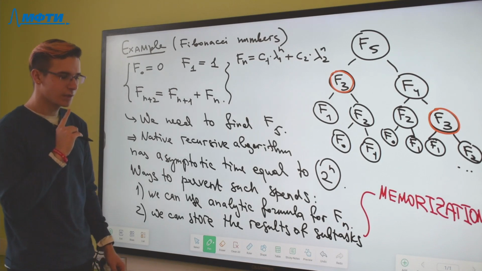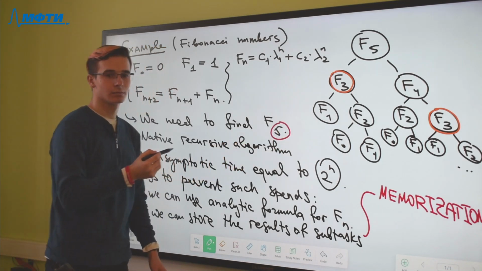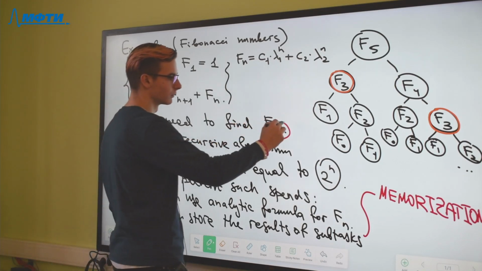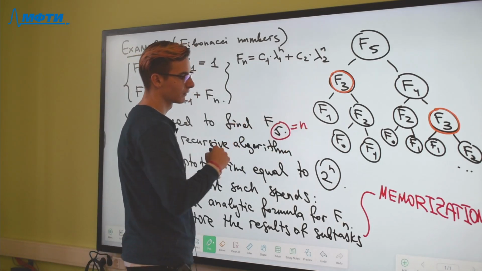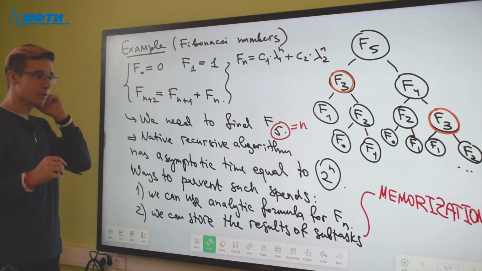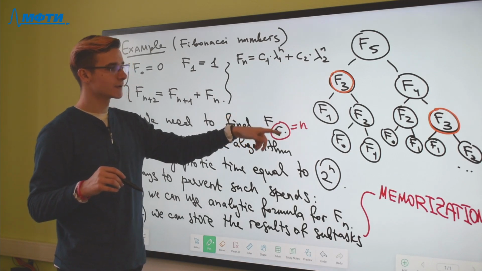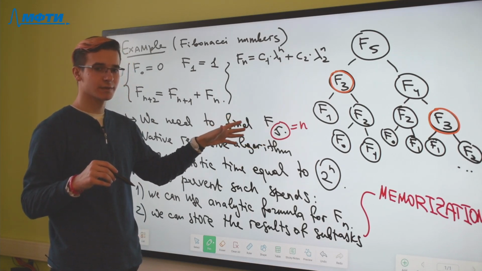When we start our algorithm, we get, for example, this number. We said that it is equal to n, and then we finish when we find the result of this task.